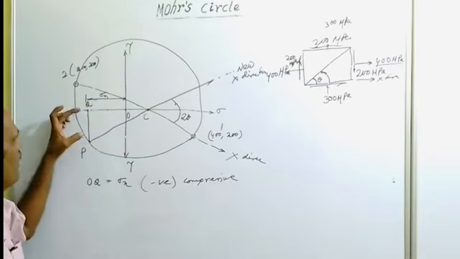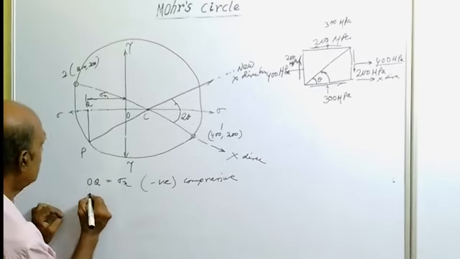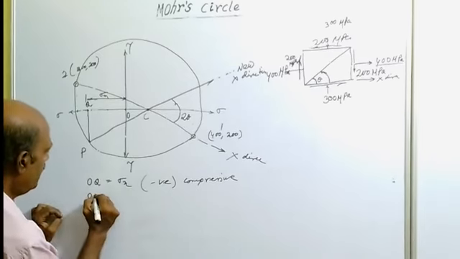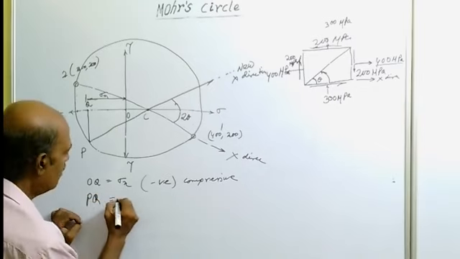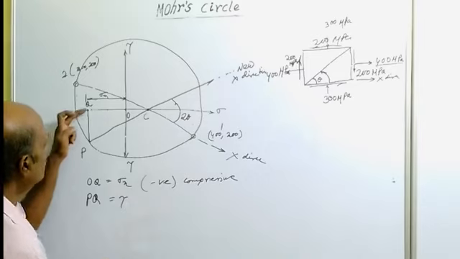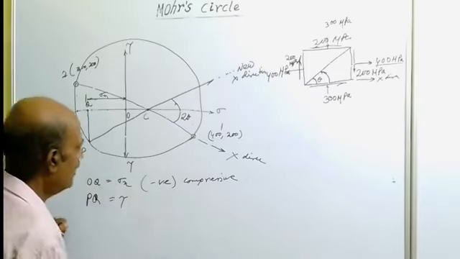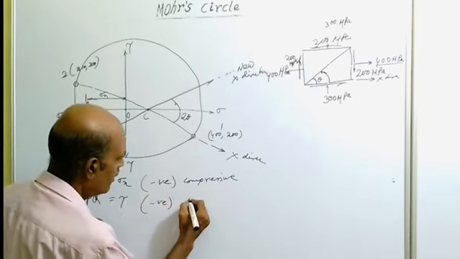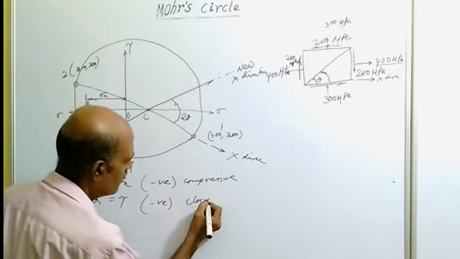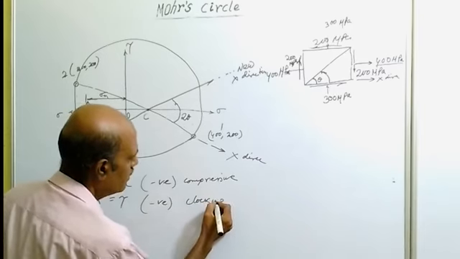And the tau, measure distance PQ, that will give you tau. Here you can see tau value is underneath this axis, so that means it is also negative. Negative means it is in clockwise sense, so tau is clockwise.